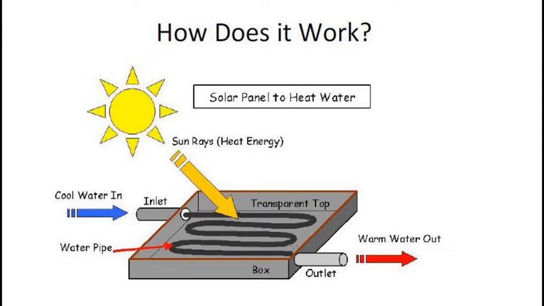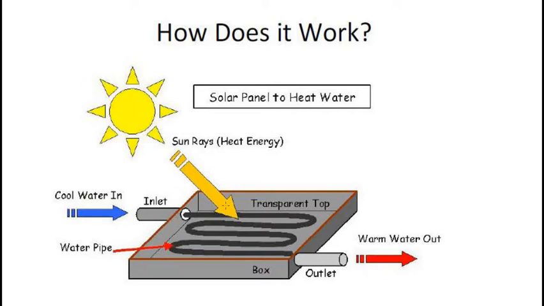Two main types of water heaters are there: first one is direct water heater, and second one is indirect water heater. In a direct water heater, the system circulates water through solar collectors where it is heated up by the sun directly.